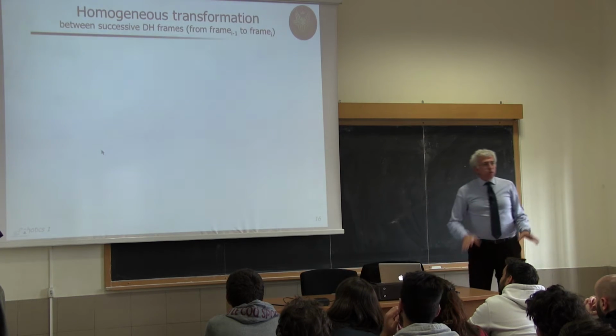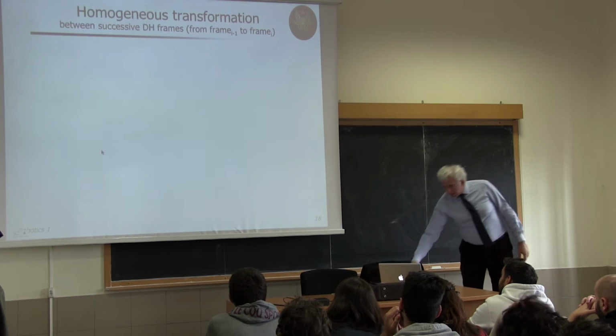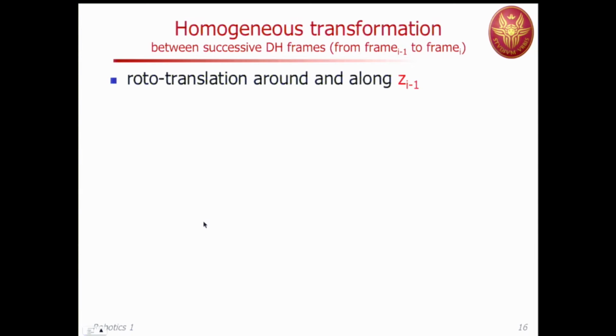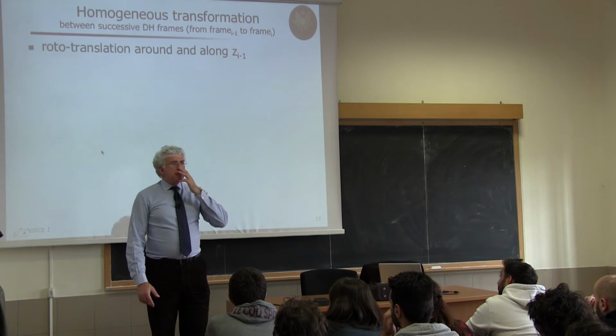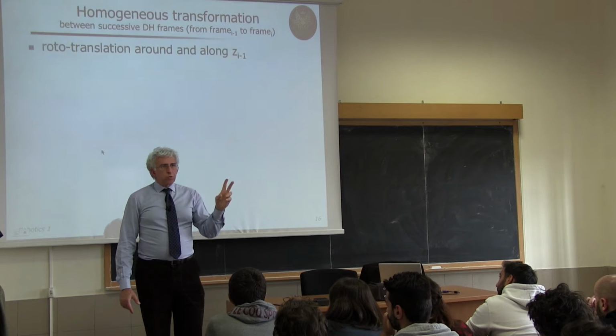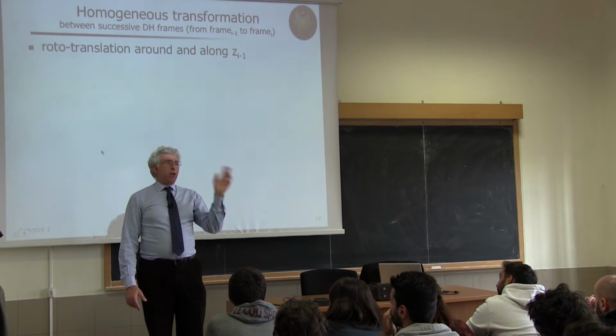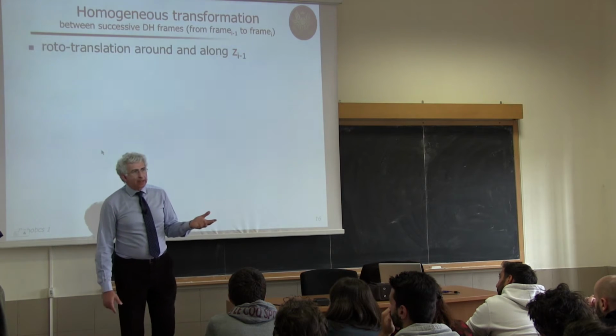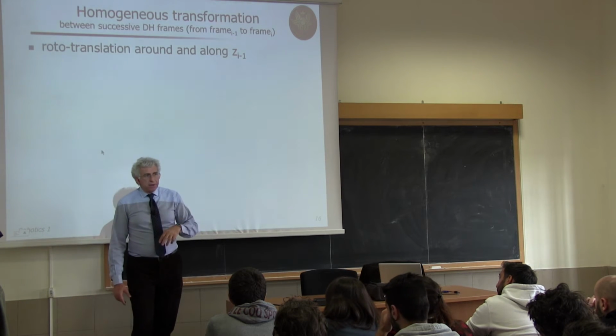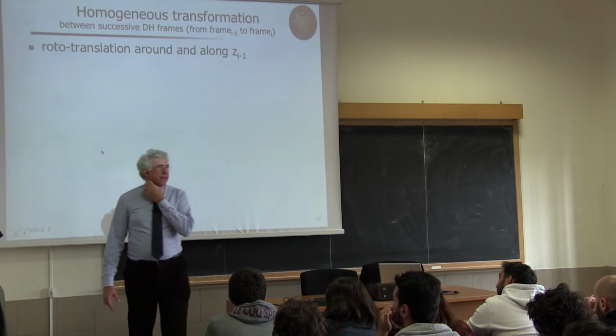So, now that we have defined how we moved from one frame to the other, we can associate homogeneous transformations. Now remember that we have to do 2 rotations and 2 translations to superpose frame I-1 on frame I. And as a matter of fact, a pair of rotation and translation is defined on some z-axis, and another pair is defined on some x-axis.